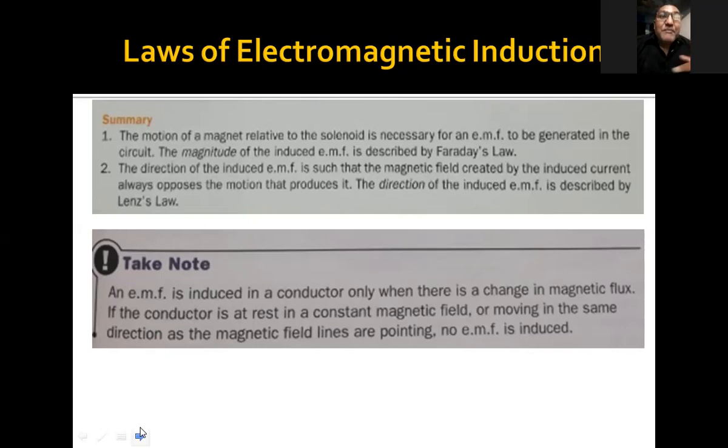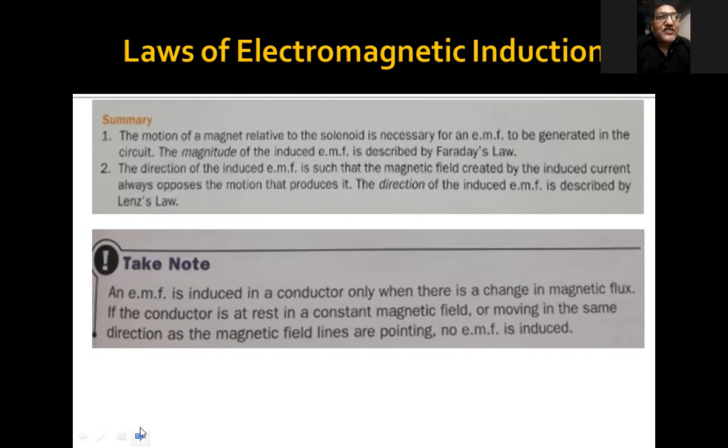The magnitude of the induced EMF depends upon the rate of change of magnetic flux passing through the solenoid. So the greater the rate of change of the magnetic flux, the greater will be the induced EMF. The direction of the induced EMF will be in such a way that it will always oppose the cause or motion which is inducing that current.